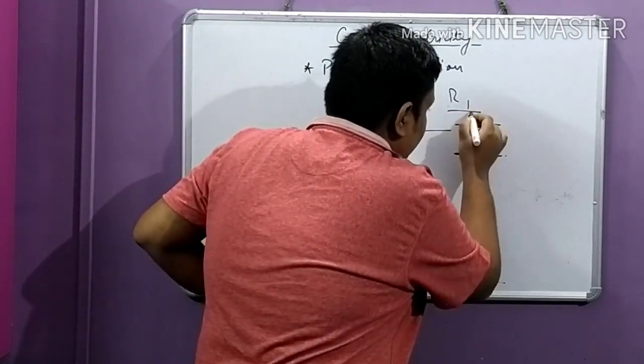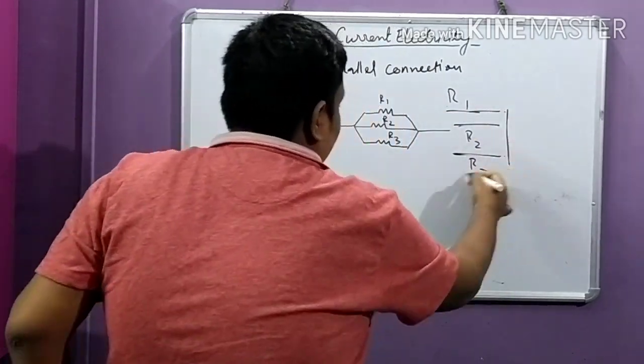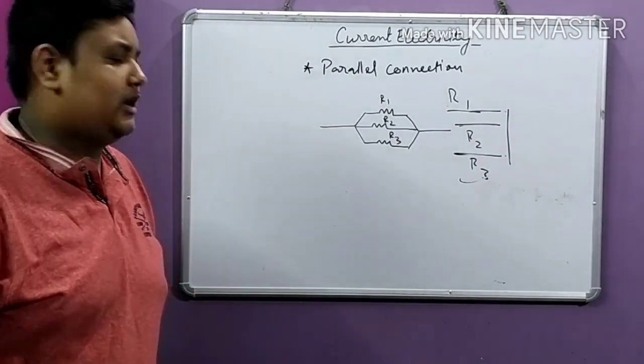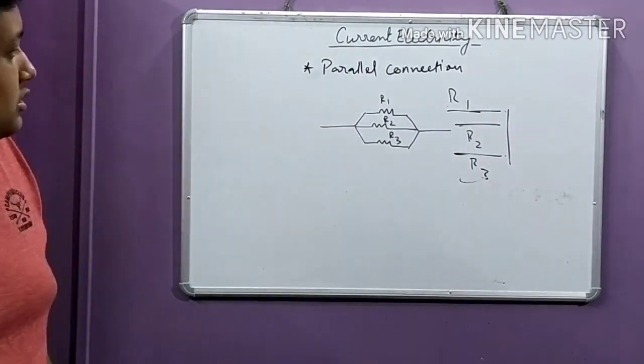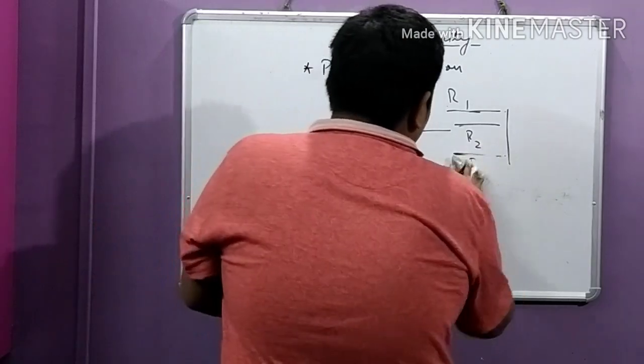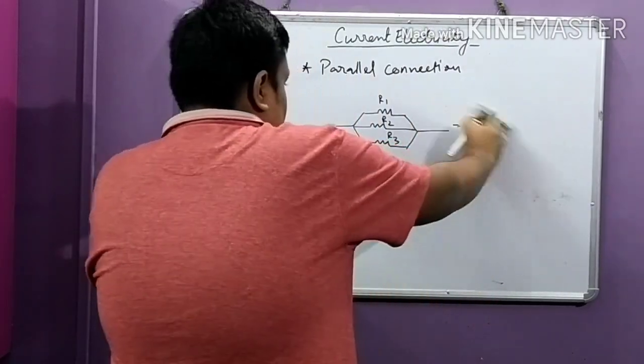You know what parallel lines are? Just like that, R1, R2 and R3 are connected. This type of connection in a circuit is called parallel connection.